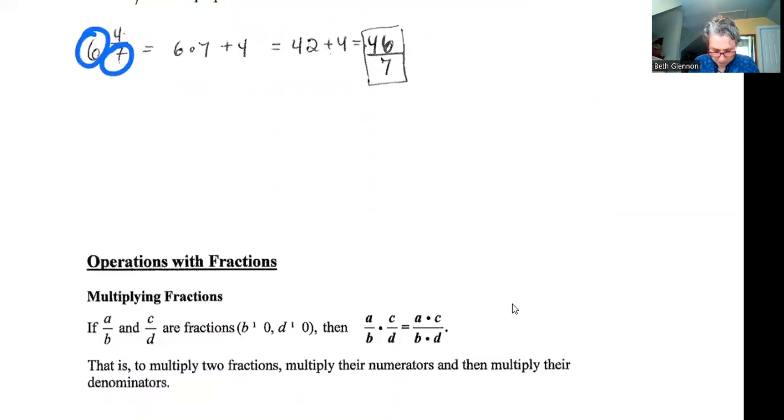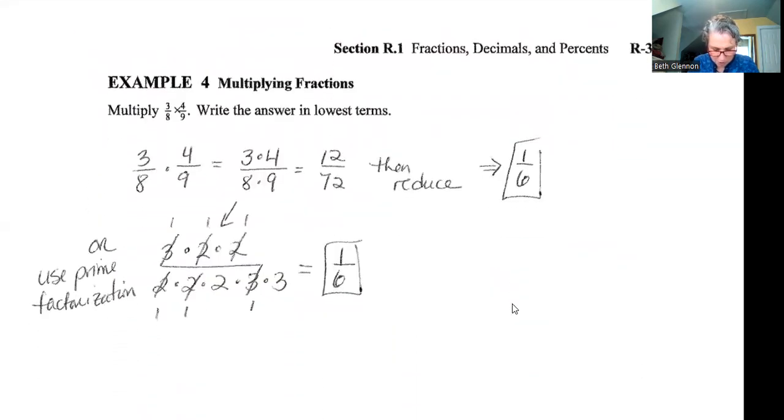We love multiplying fractions. Multiplying fractions are so nice. You can just go straight across. A couple of things about our textbook. They go back and forth between this little X here for the multiplication. I prefer using the dot for multiplication, just my own personal preference. So just multiply straight across. 3 times 4 gives you the 12. 8 times 9 is 72, and then we can reduce.